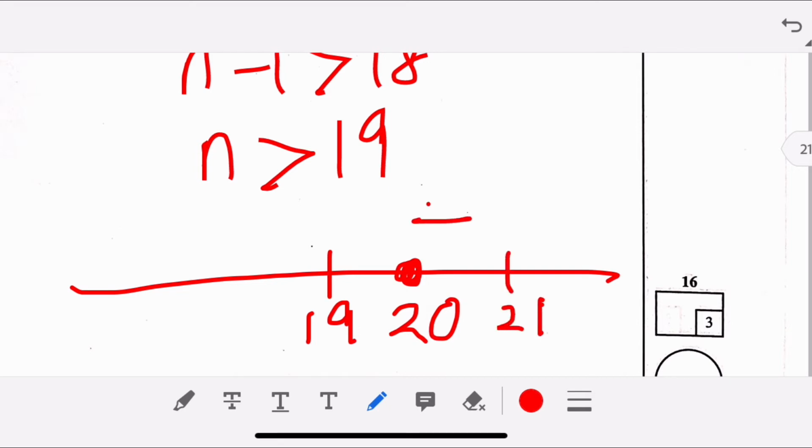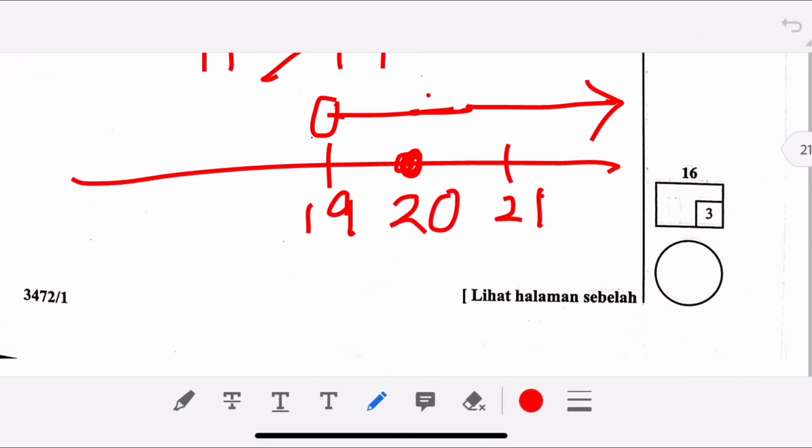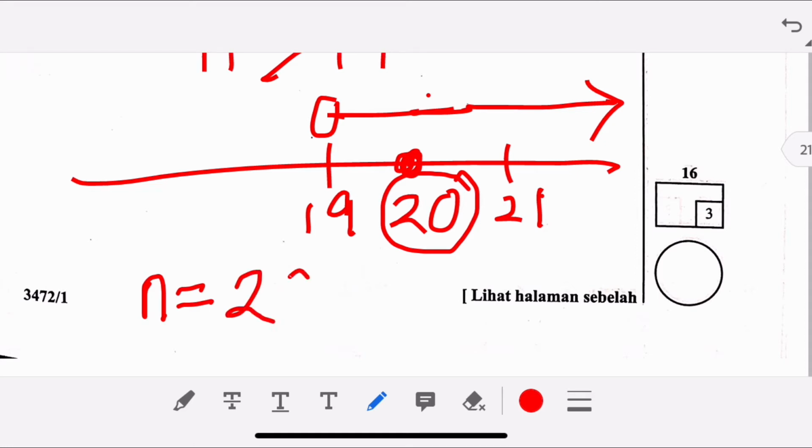So this one onwards are integers that are going to have the value more than 19. That means we cannot take in the 19 and we want the least value. So the n should start from 20, 21, 22, but the least value of n is 20, which is an integer.